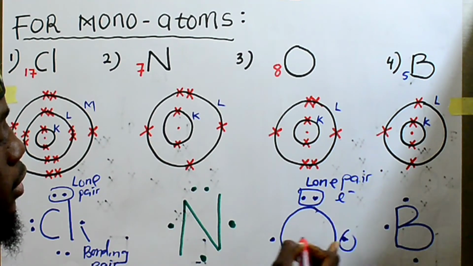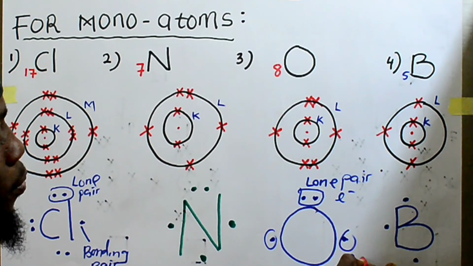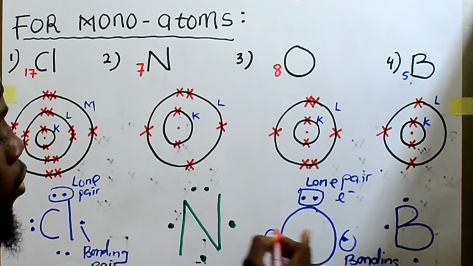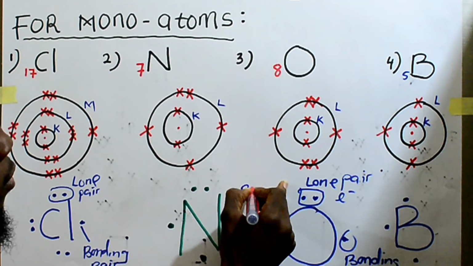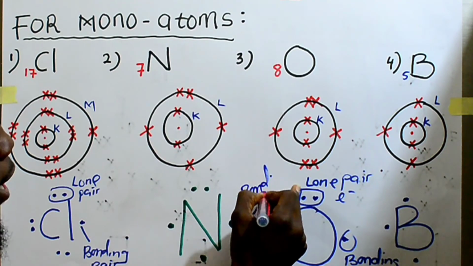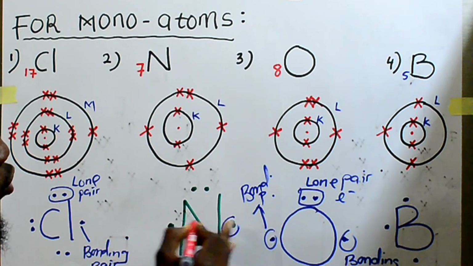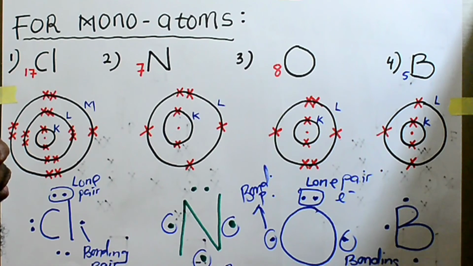That means oxygen has 2 lone pairs and 2 bonding electrons. So now nitrogen also has 3 bonding electrons, and it has only 1 lone pair.